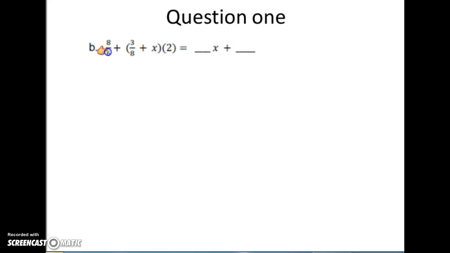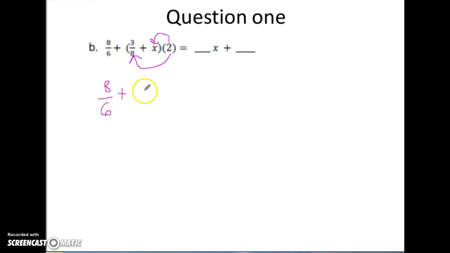So I notice that we have 8/6 plus 3/8 plus x times 2. So for order of operations, I need to distribute this 2 out before I do anything else, because the 2 is sitting right next to that in parentheses form. So I'm going to keep my 8/6 alone, and I'm going to distribute out the other.